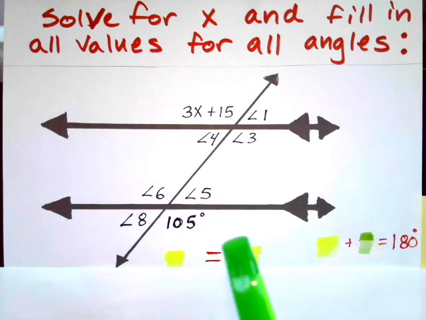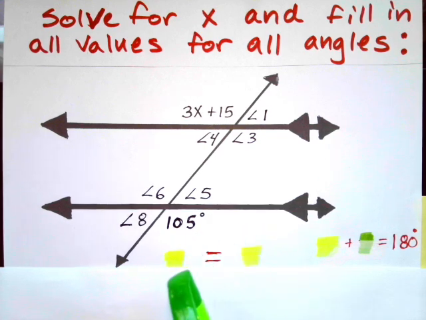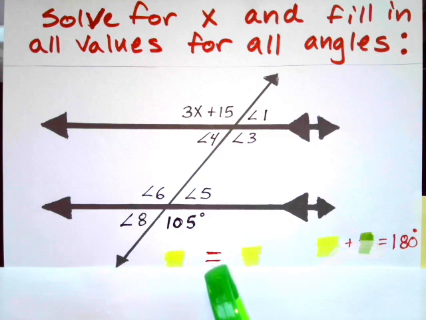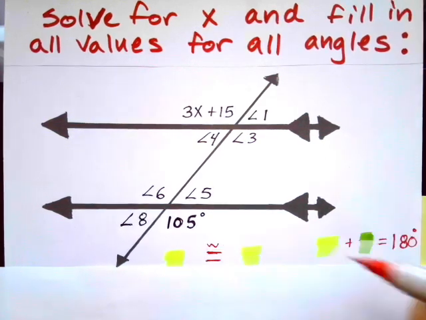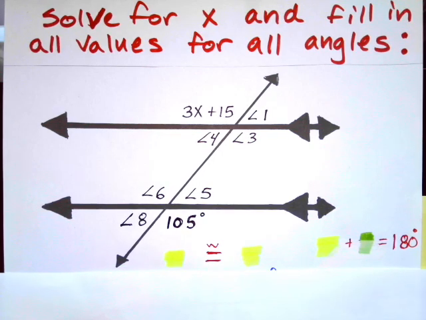Now remember, if you've been following along with these videos, you know that the highlighted yellow is equal or congruent to the highlighted yellow. So yellow is congruent with yellow. There's a congruent symbol. And green is congruent with green.